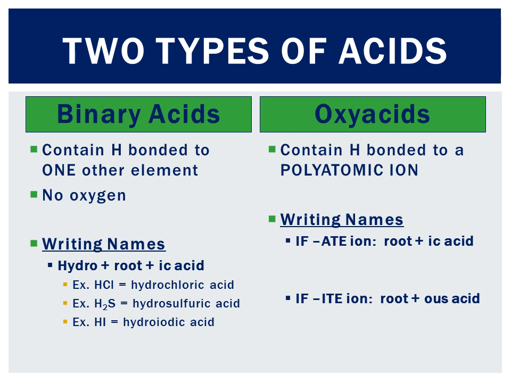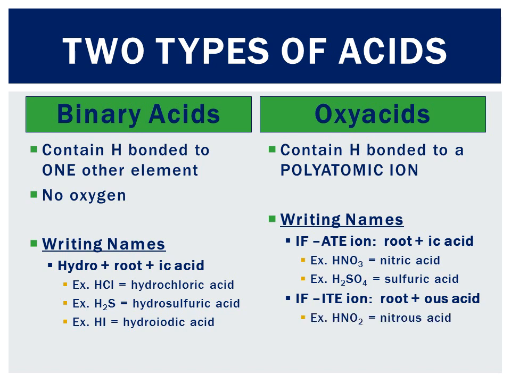Okay, for the oxyacids, there are a couple of rules you need to remember. If the ion ends in ate, like a sulfate or a phosphate, nitrate, then your acid is going to end in ic. So for example, this is the nitrate ion, it's nitric acid. This is the sulfate ion, so it's sulfuric acid.